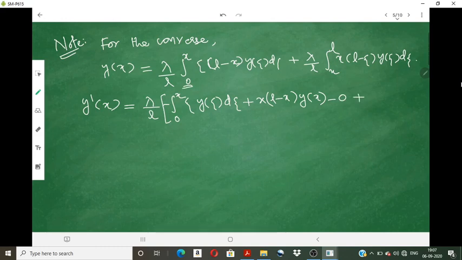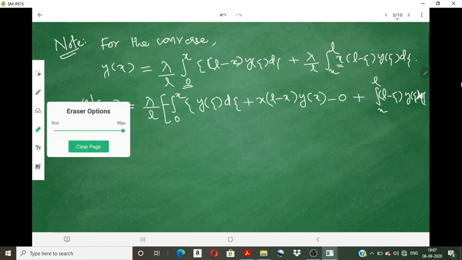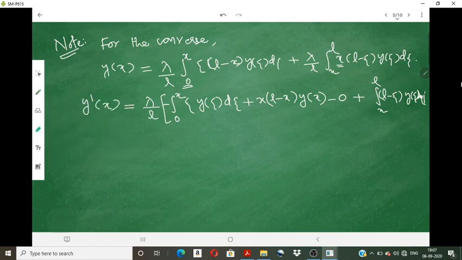Plus, again by Leibniz rule, when we differentiate this integral, we will get integral x to L, derivative of x is 1, so L minus theta y theta d theta, plus at theta equal to L, we substitute the upper limit.